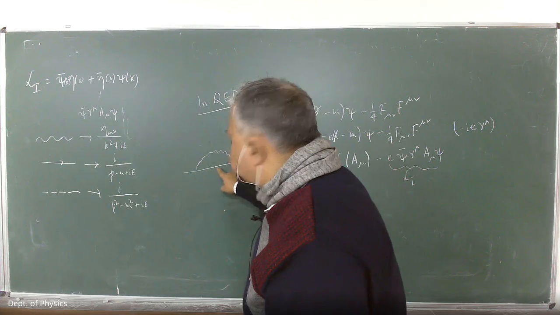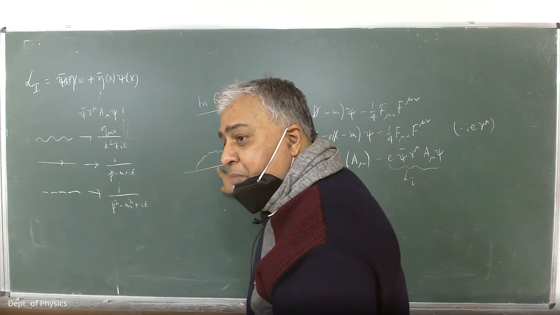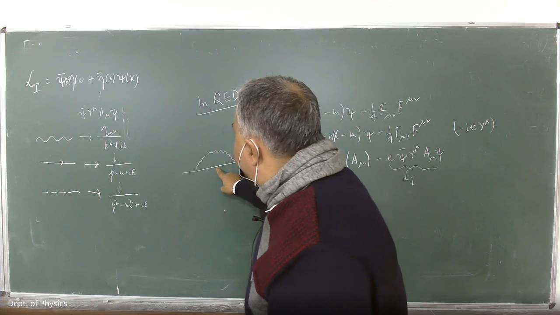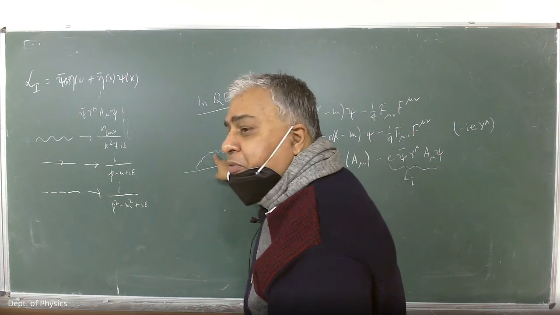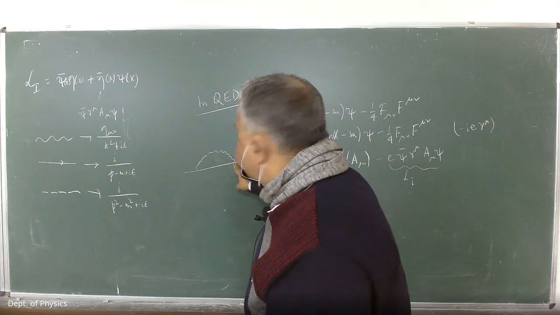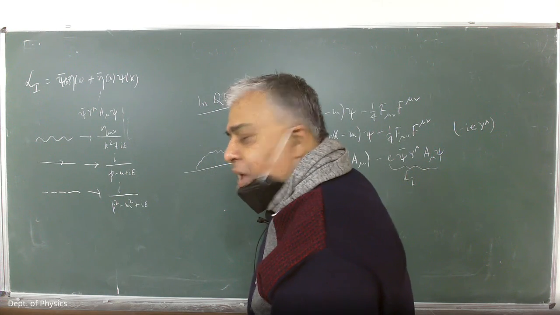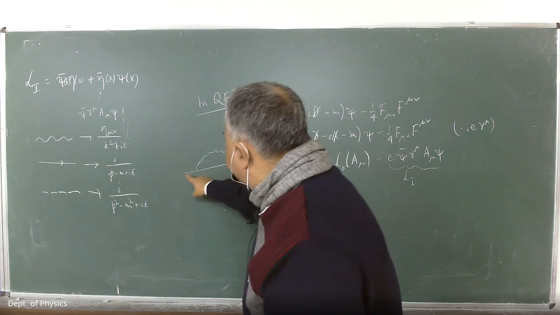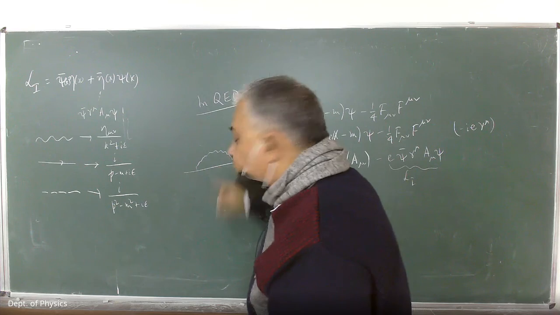It is propagating again as a free propagator, but maybe with changed momentum, because some momentum will be taken away by the photon here. Then again a second vertex here, and the value of momentum will be restored. So all these processes are there.